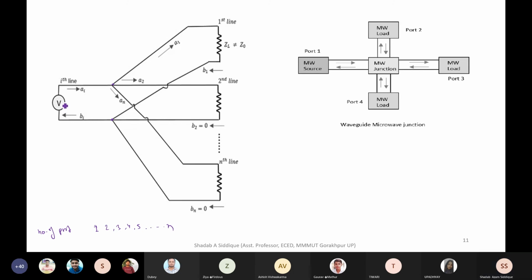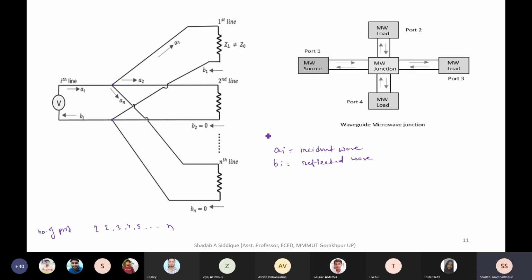Okay. So if we give the general statement, we can have a source which is connected through the ith line, and there we have Ai, which is called the incident wave, and Bi, which is called the reflected wave.